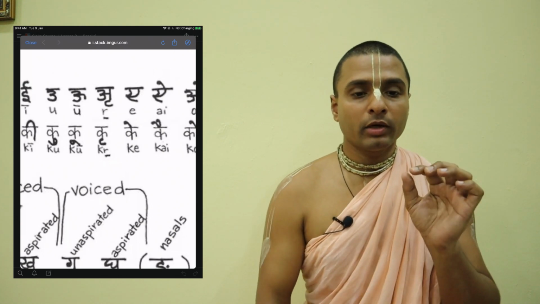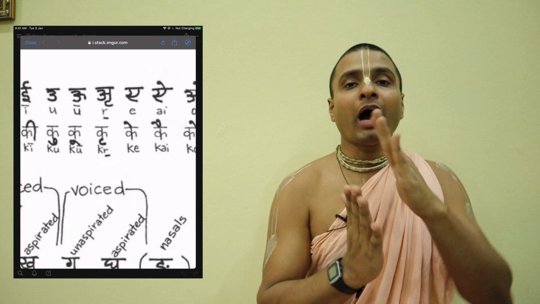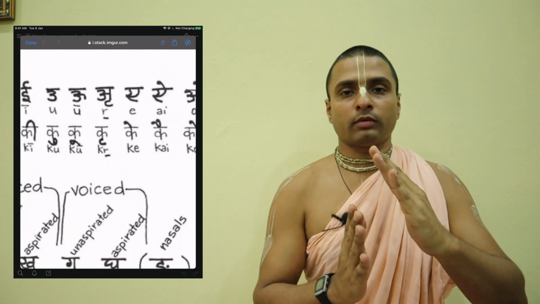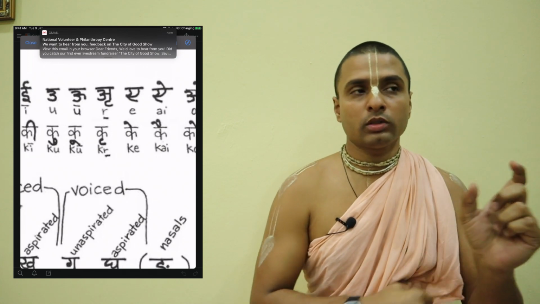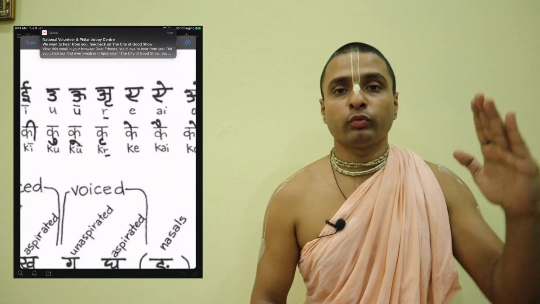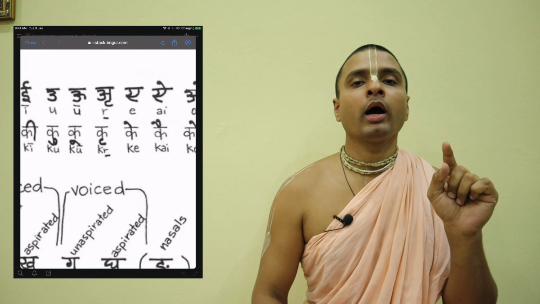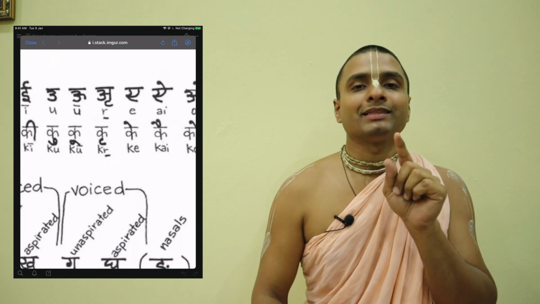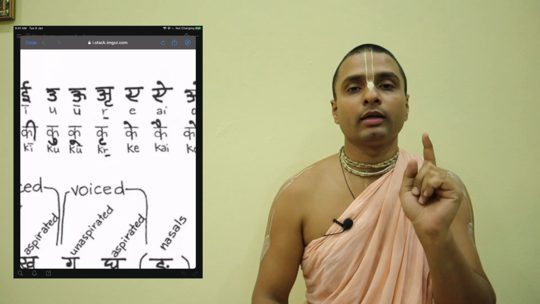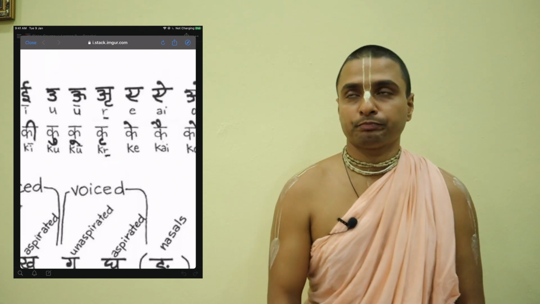Now a is halfway between the first and the second. A and e are the first two pure vowels. So between them is a, halfway. That is the midway. That's a.